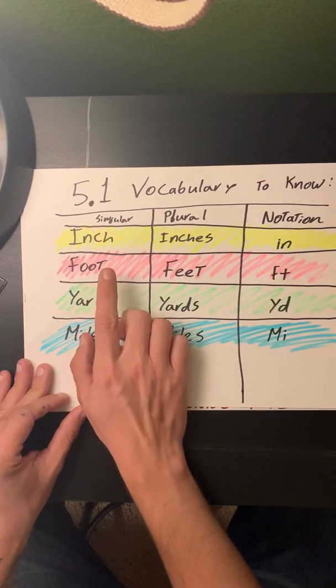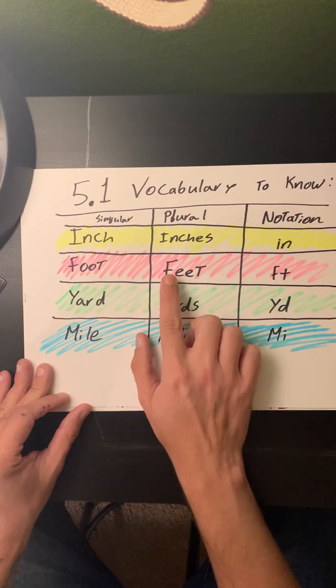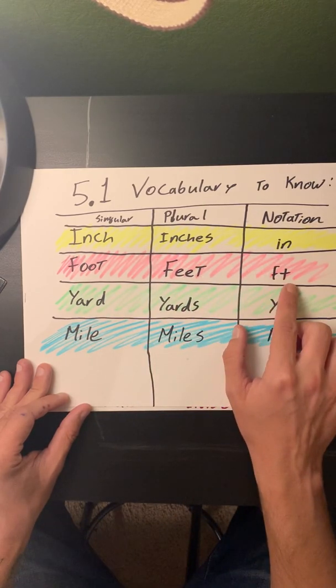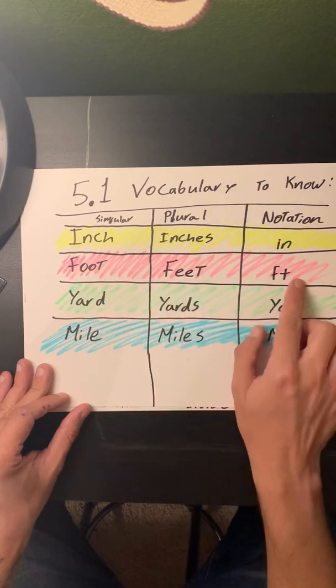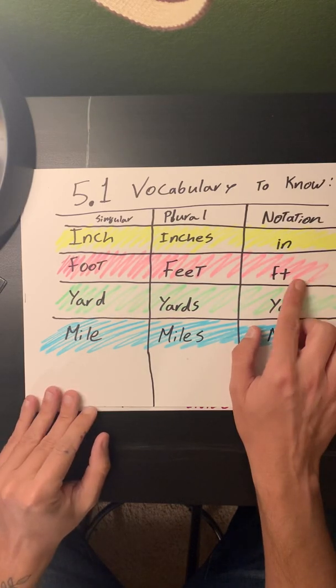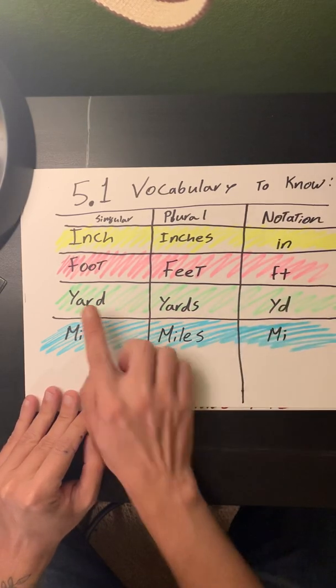Next up, we have a foot, or if I have multiple, it would be feet, and its notation would be FT. Again, highlighted in pink, and I try to stay consistent with that highlighting throughout this lesson so you know what unit of measure we're working with.